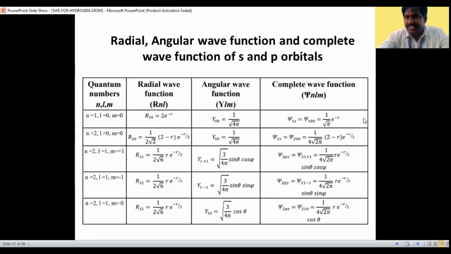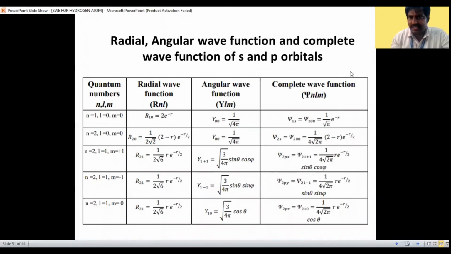And the complete radial and angular part gives the total wave function. This is R of r, and this is Y of theta comma phi. If you multiply both, you will get the complete wave function in the form of psi of n, l, m. We are not writing it here.